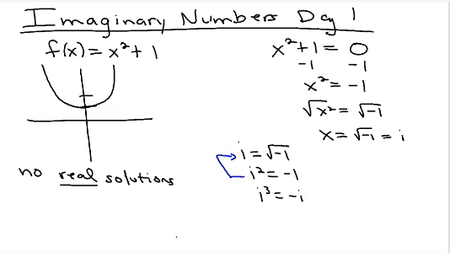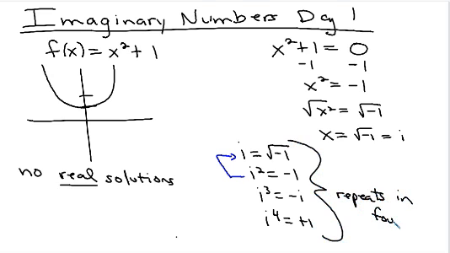And I also know that i to the fourth is positive 1, because it's i squared times i squared. This pattern repeats in 4s, just like that. And we'll talk some more about that in a later example, all right?